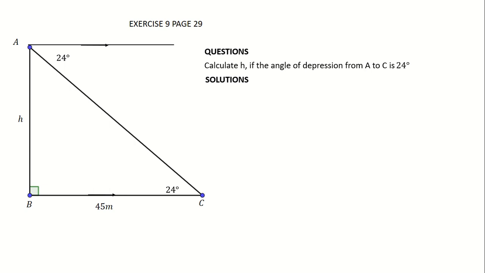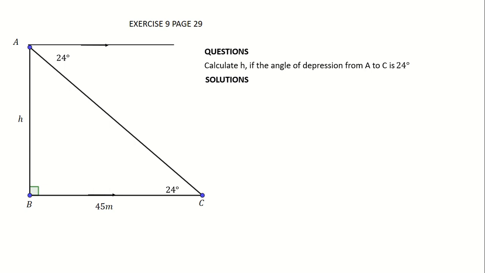Now, all you want is to have an angle in a triangle so that you can calculate the side that you are required to calculate. In this case, you're required to calculate the height, and you need to find a relationship between the height, which is AB, and any given side as well as the given angle. You have one angle, which is 24 degrees, in triangle ABC.